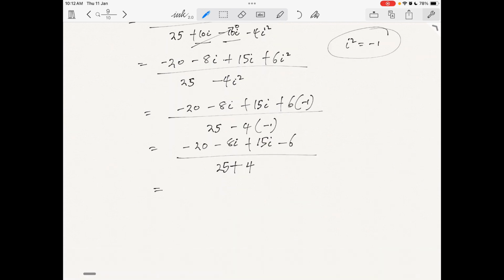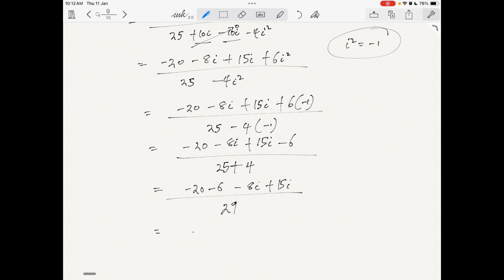So to solve the numerator, we'll bring the real parts together, we'll bring the imaginary parts together, just like bringing like terms together. So we have minus 20 minus 6, and we have minus 8i plus 15i, everything divided by 29.